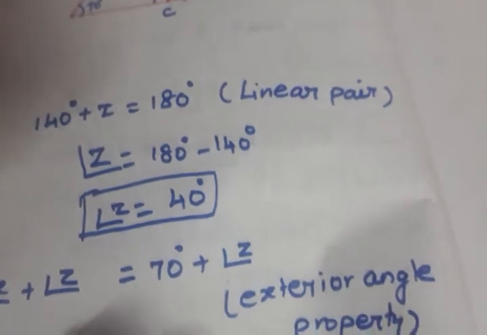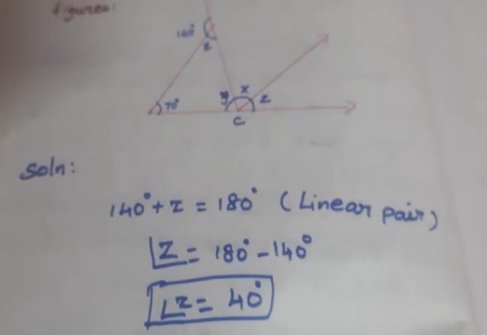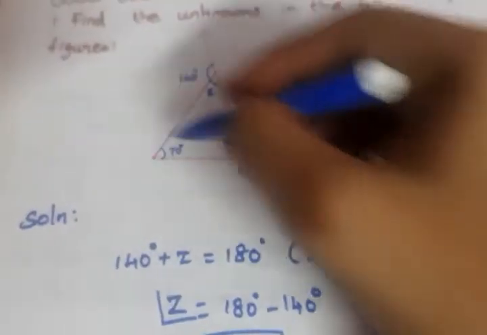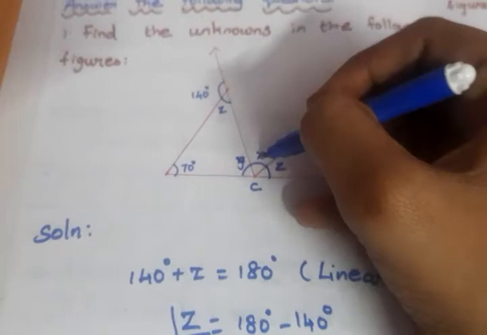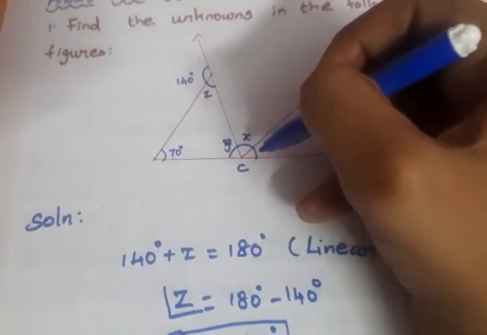Okay. So next one is angle x. So how will you find the angle x? So this angle and this angle are equal. So angle x and this one is angle x. Okay. So this one is equal.